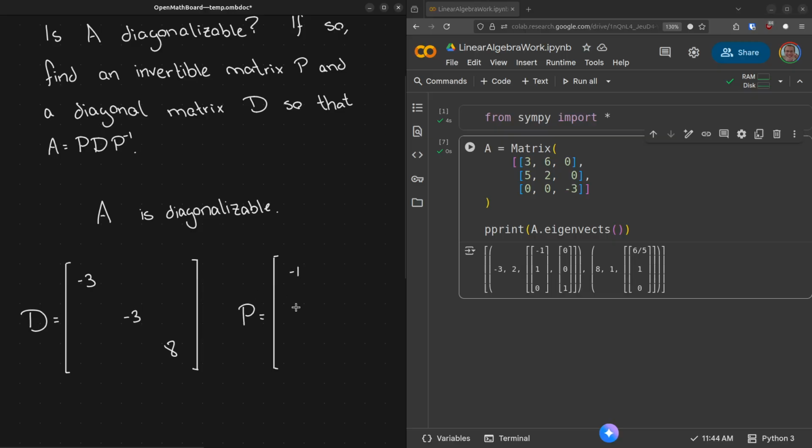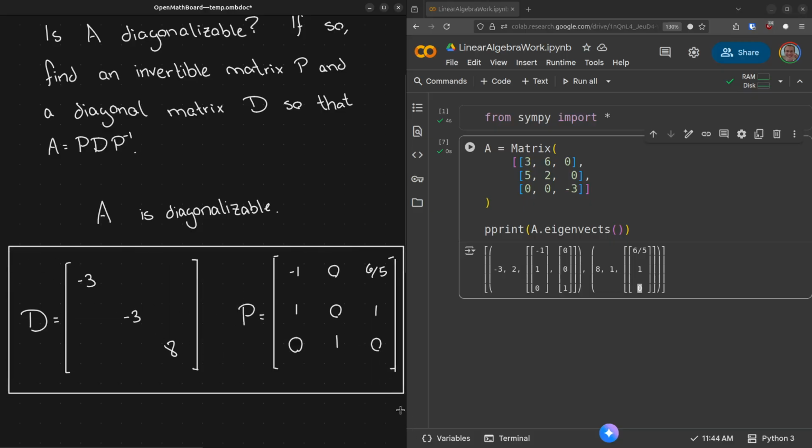So column 1 will be -1, 1, 0. Column 2 will be 0, 0, 1. And then finally, the last column should be the eigenvector associated with 8. That's 6/5, 1, 0. So I have my answer.